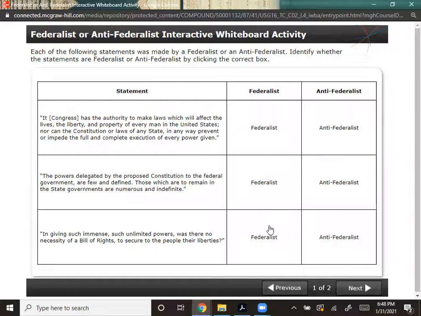and pro-Bill of Rights. So the first one: it, meaning Congress, has the authority to make laws which will affect the lives, liberty, and property of every man in the United States. Nor can the Constitution or laws of any state in any way prevent or impede the full and complete execution of every power given.